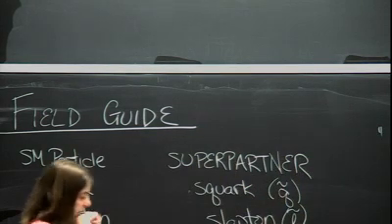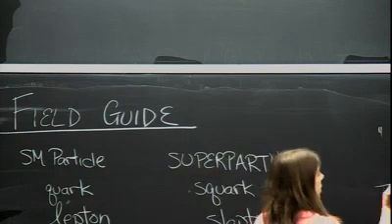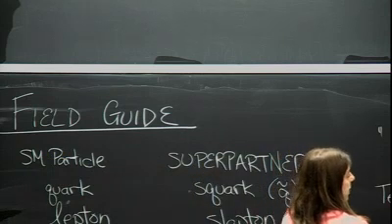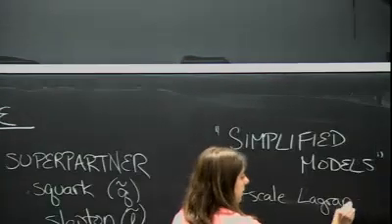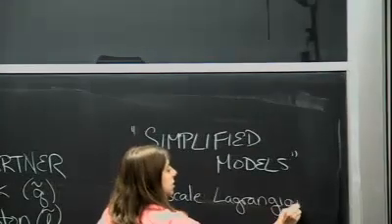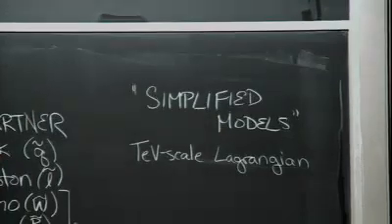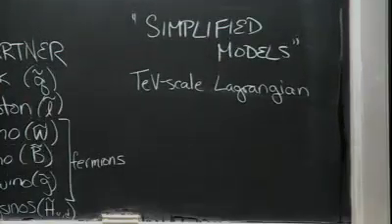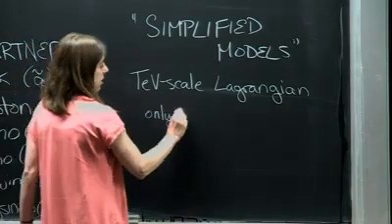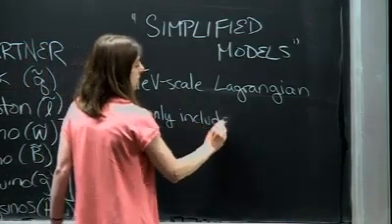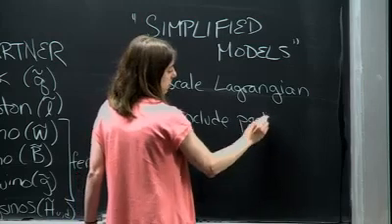So in the simplified model approach, you have some TeV scale Lagrangian, some SUSY Lagrangian for example, except you only include the particles that are relevant for the observables.